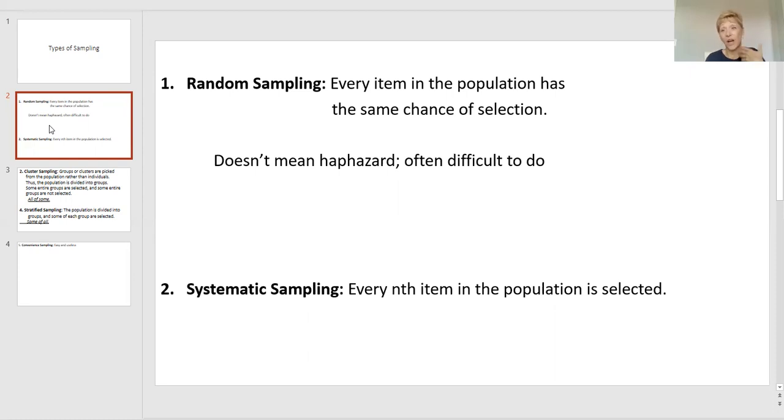So I could go to the city and get a list of every registered voter. Maybe that list is numbered from 1 to 27,153. I can't even go, I'm going to pick person 52, person 2,475, maybe person 11,000. I can't even do that and have it be a random study.